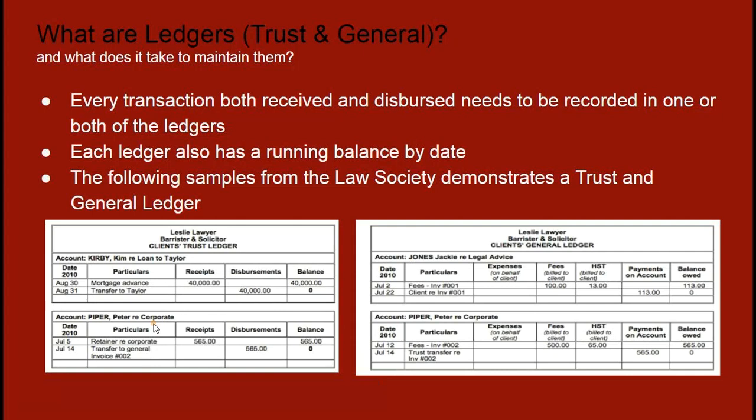If you have multiple matters for the same client, Kim Kirby, then of course you would have one set of transactions for the first matter, which would be loan to Taylor. Assuming the next matter was a small claims matter, a slip and fall, you would then have another column or set of transactions for Kim Kirby's small claims matter. Okay?